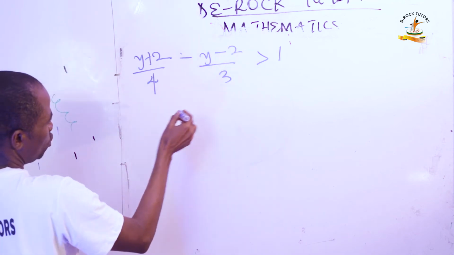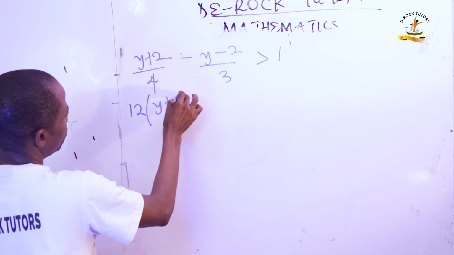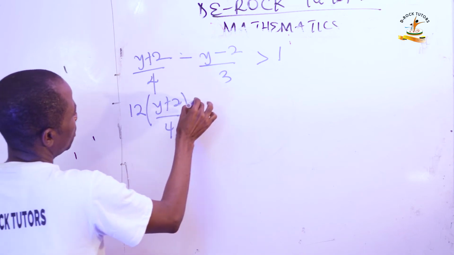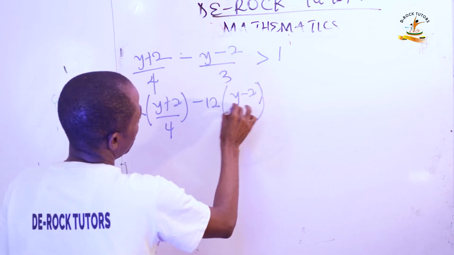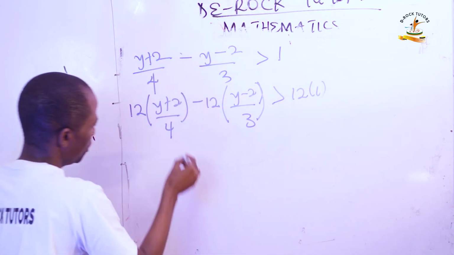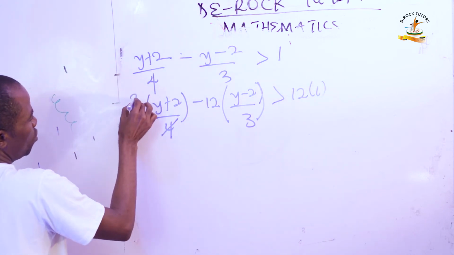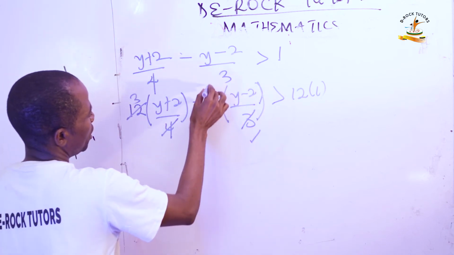So if you multiply through by 12, this now becomes 12 times y plus 2 all over 4 minus 12 times y minus 2 all over 3 greater than 12 times 1. So 4 here, 1, 4 here, 3. And 3 here, 1, 3 here, 4.